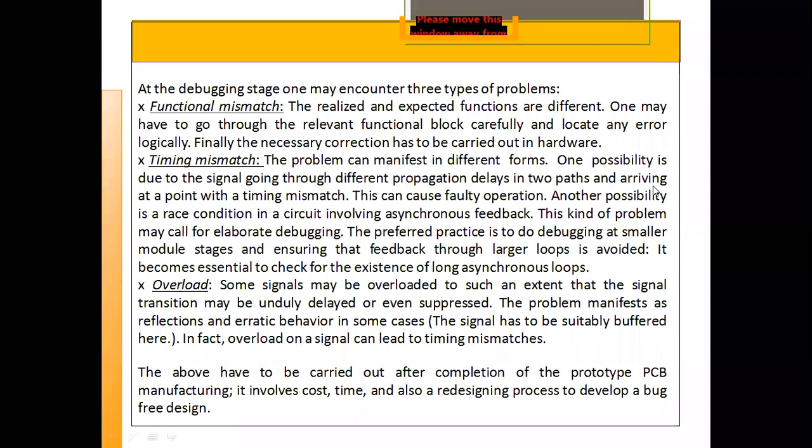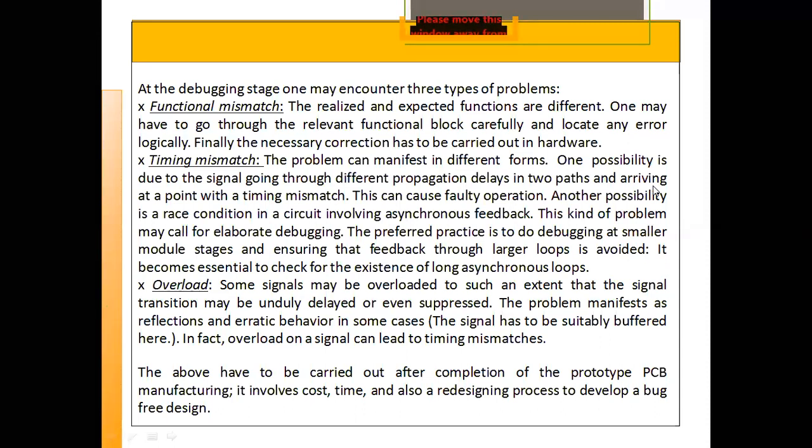What does it mean? You are expecting so and so output, and you are verifying whether you are getting that output or not. That is the functional verification. If you verify functionality, only then can you see whether you get the correct function or if you have any functional mismatch.